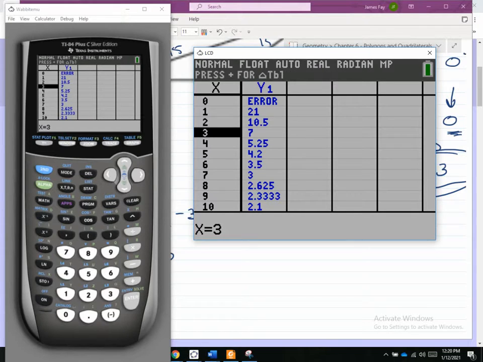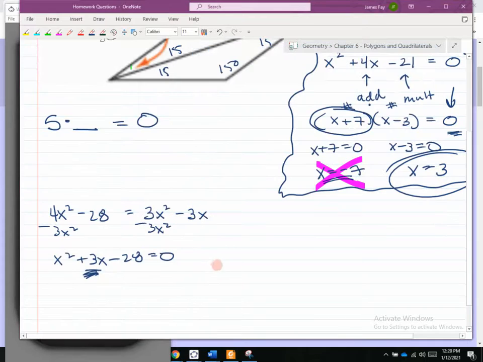So if I gave you, let's say I had x squared plus, let me just figure out one here real quick.